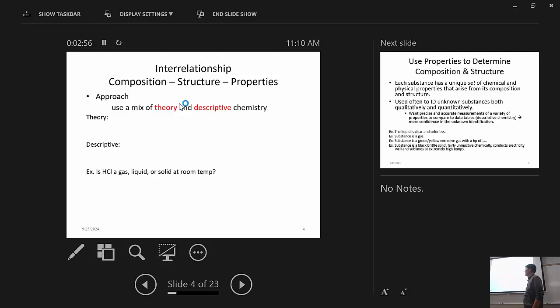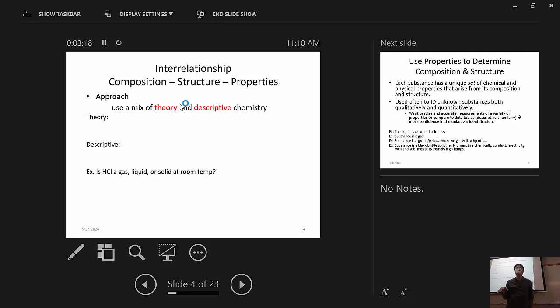And sometimes it is easier not to. Theory would be great because then you don't have to observe anything. You just predict it. But theory is too complex sometimes. Like, for example, here, we can answer this question theoretically or by descriptive chemistry. Is HCl a gas?